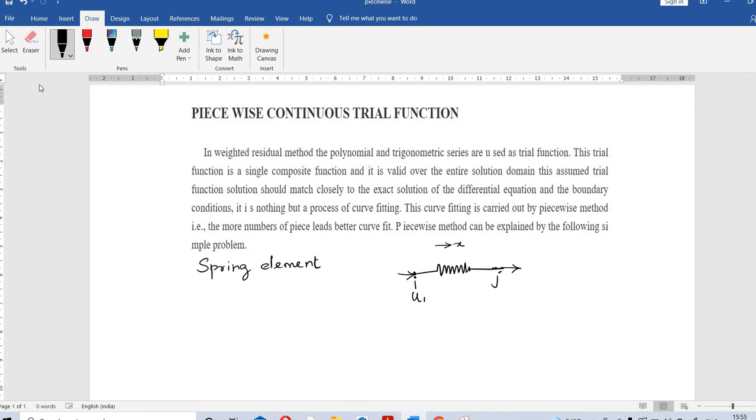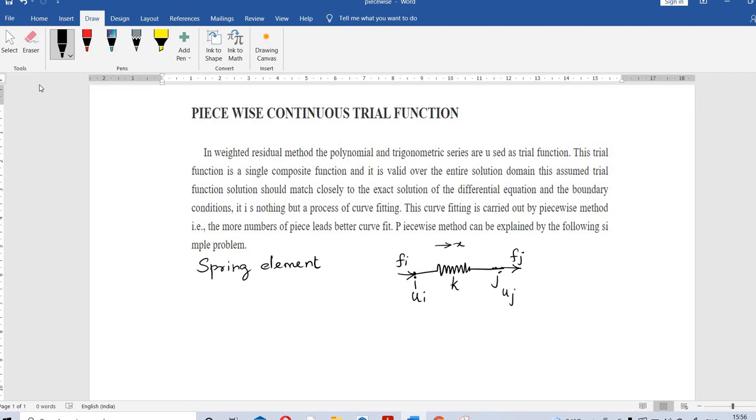So the displacement at the ith node is ui. The displacement at the jth node is uj. The stiffness of the spring is K. So this is the force at the ith node. Here is the force at the jth node.